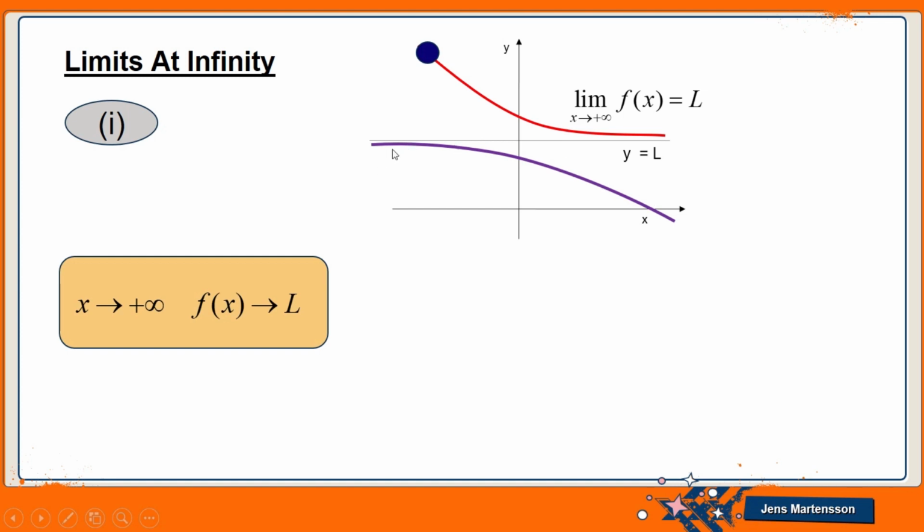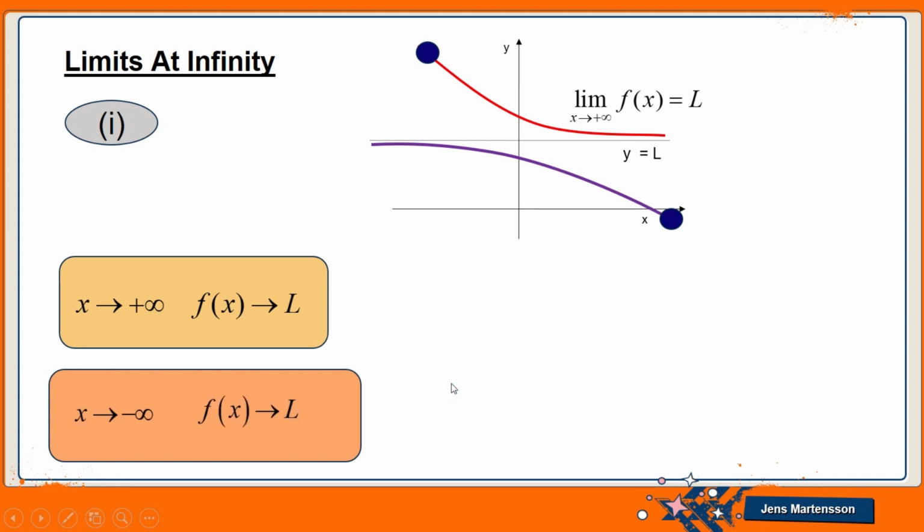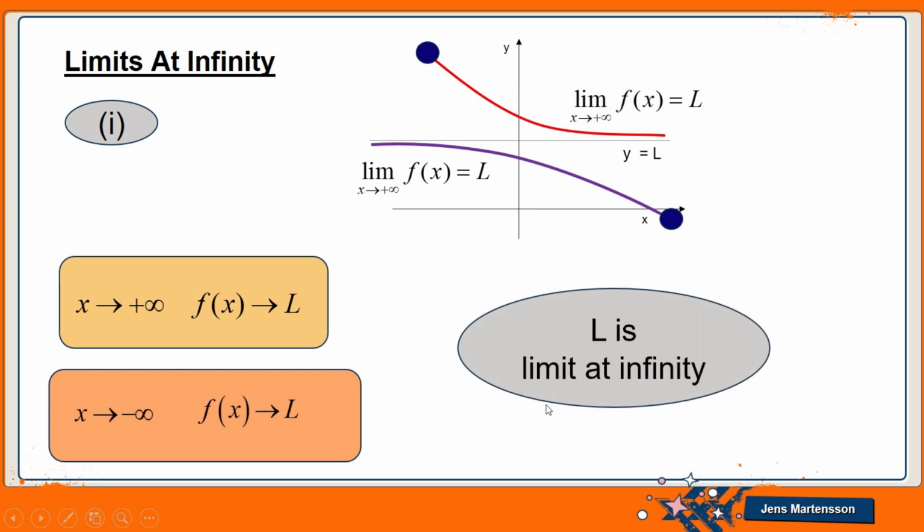For the second graph, when x approaches negative infinity, f(x) approaches L. So we can write the limit of f(x) when x approaches negative infinity equals L. L is the limit at infinity.